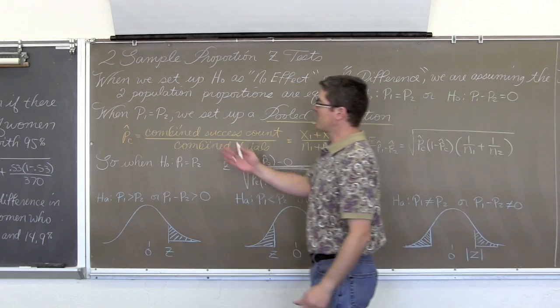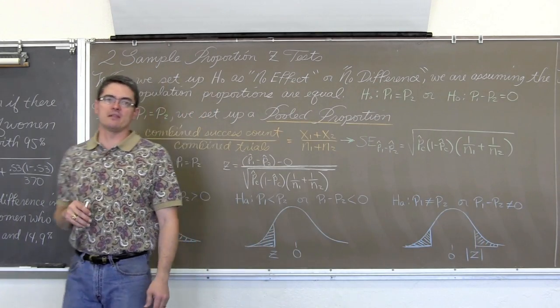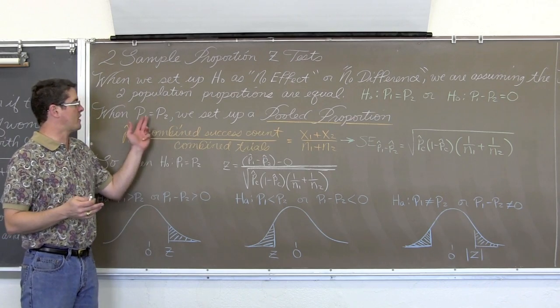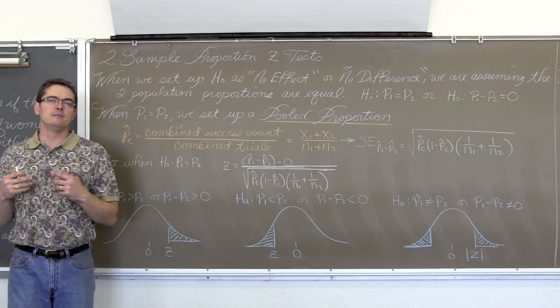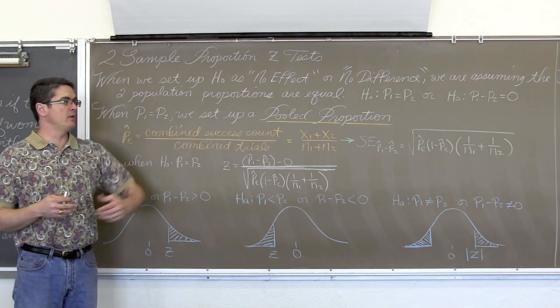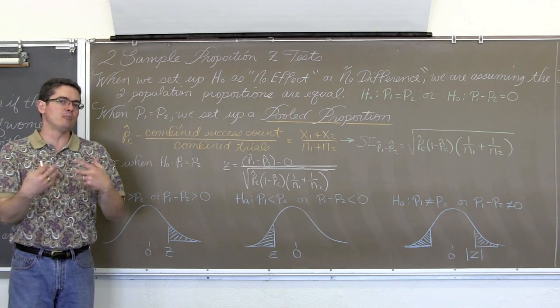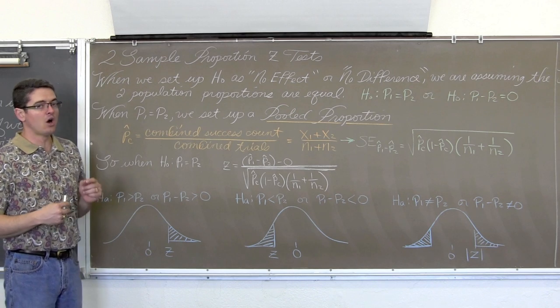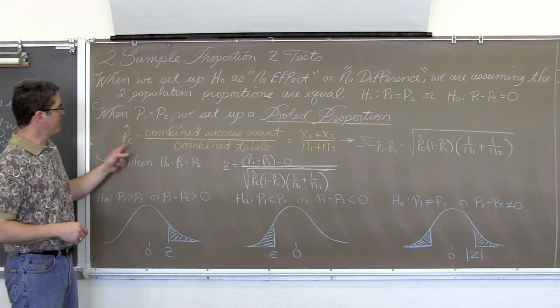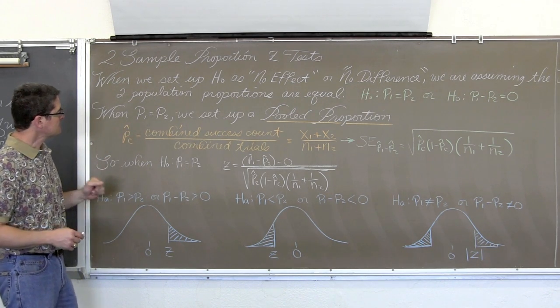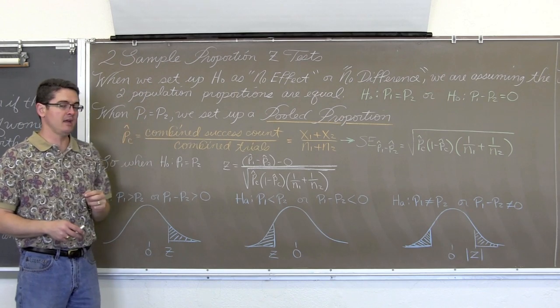But this statement of H sub O is that P1 equals P2, this is a very, very common H sub O statement, and thus you are going to be doing a pooled proportion z-test, a two-sample pooled proportion z-test, quite often.